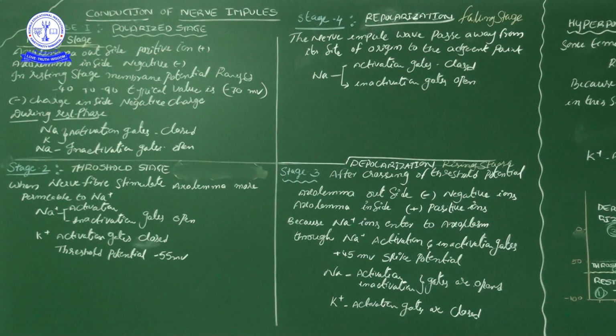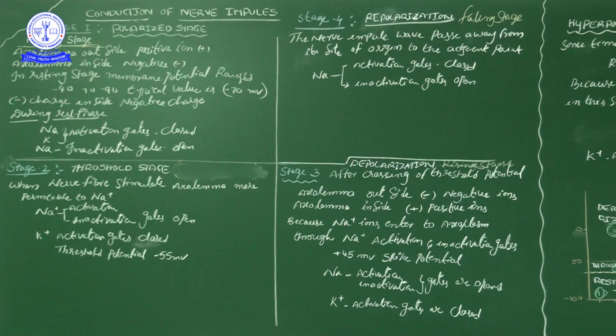Okay, then next: the normal condition, then the first rising potential stage, next the threshold stage, later the depolarization or rising stage, and the fourth one the repolarization stage. That means one function is completed.